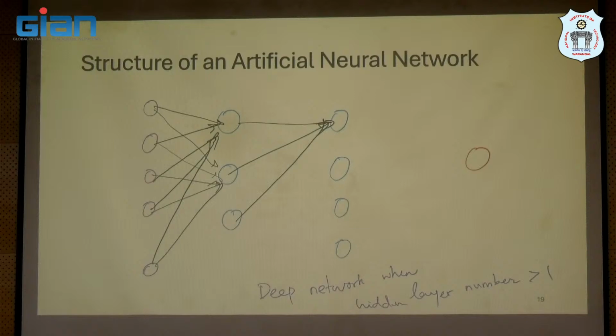When each entity in any layer is connected to all entities of the preceding layer, what we end up getting is called a fully connected network, usually abbreviated as FC.